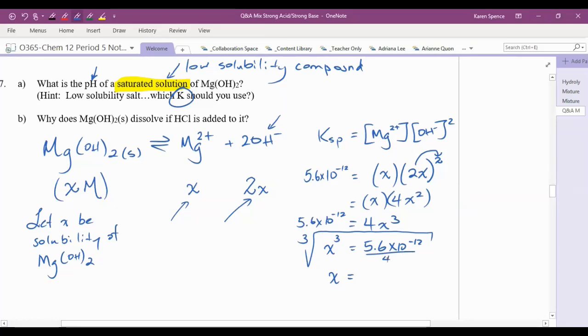Okay, so 5.6 times 10 to the negative 12 divided by 4 equals 1.4 times 10 to the minus 12. And now we're going to take the cube root of that. And we get 1.12 times 10 to the negative 4. So that is our value for x.